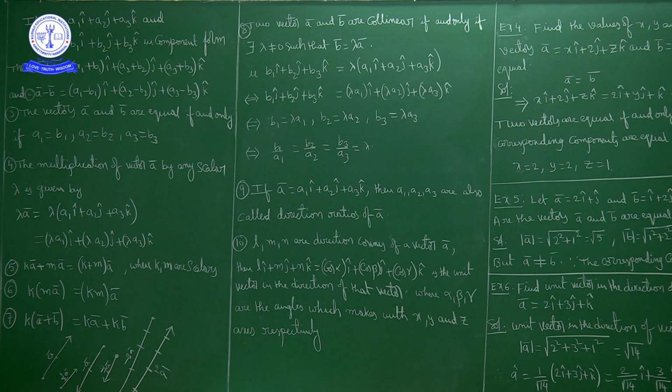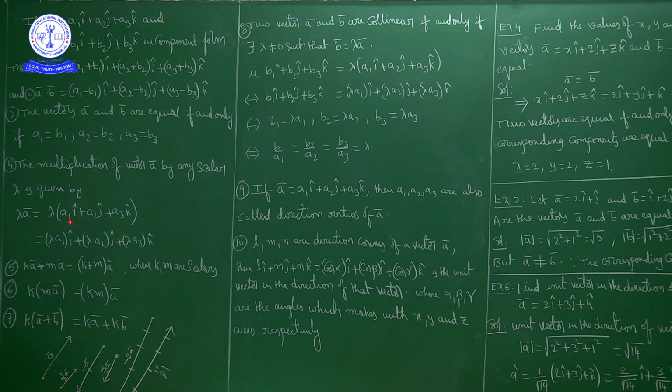Okay. Next point. The multiplication of a vector by any scalar lambda. Multiplication of vector A bar by any scalar lambda, that is lambda A bar. Lambda A bar is equal to lambda into what is A bar? A1 i cap plus A2 j cap plus A3 k cap. Multiply lambda here for the i component, for the j component, for the k component. So what do we get?